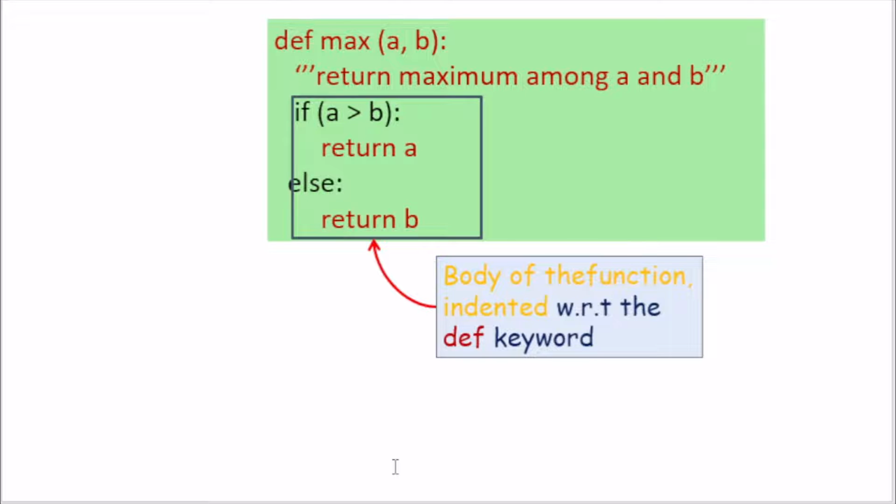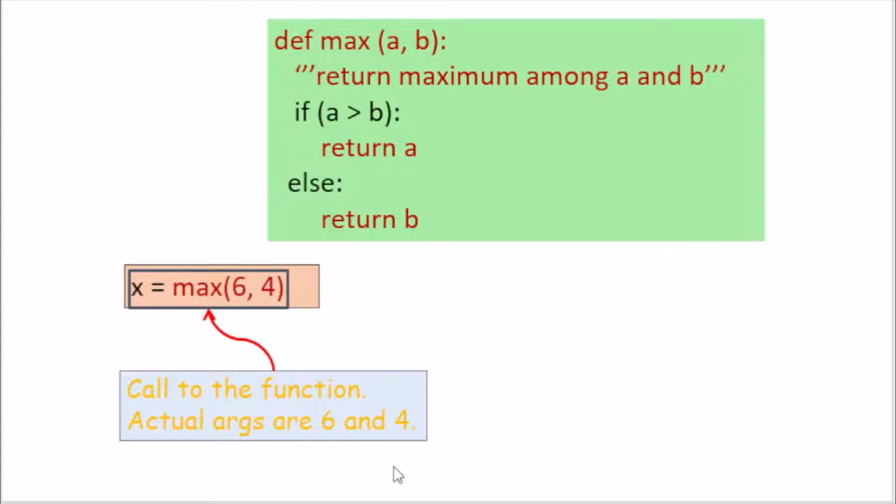So to call this function, we are going to specify the function name along with the arguments. So as we have defined the function with two arguments, so here during the calling we are going to pass two values. That is what we have passed 6 comma 4. So here this 6 and 4 are basically the actual arguments.